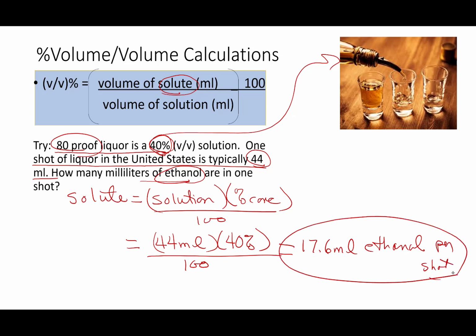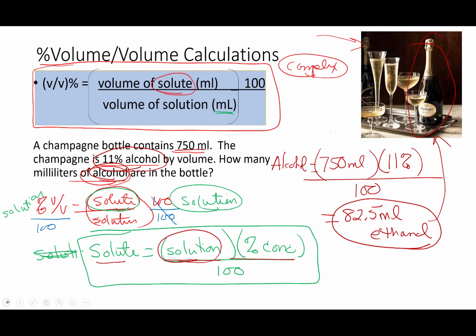Now let's connect this and the last slide. 17.6 milliliters of ethanol per shot. Let's go back to a bottle of wine or a bottle of champagne. So let's say great Aunt Sadie gets a little tipsy and she drinks an entire bottle of champagne. How much is that? Well, if that's 82.5 milliliters of ethanol in one bottle, how many shots is that equal to?